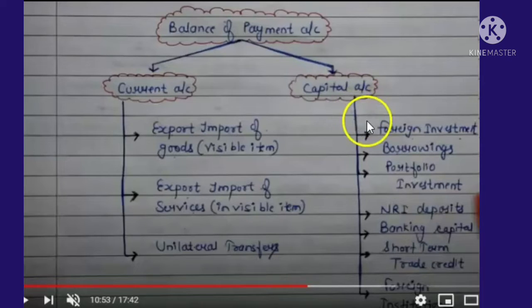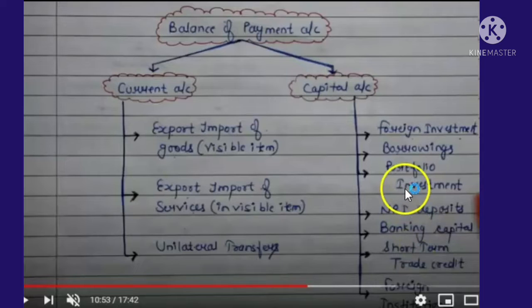Under that, certain components are there: foreign investment, borrowings, portfolio investment, then NRI deposits, then banking capital, short term trade credit, then foreign institutional investment. These are some components. In detail, you can see it in your textbook or read it from there.